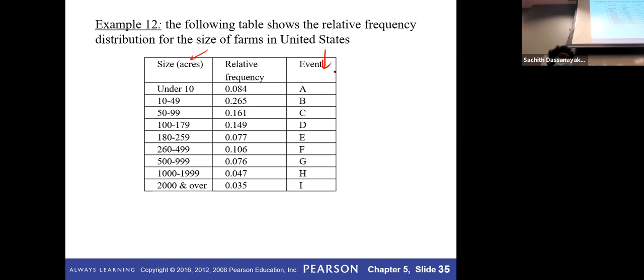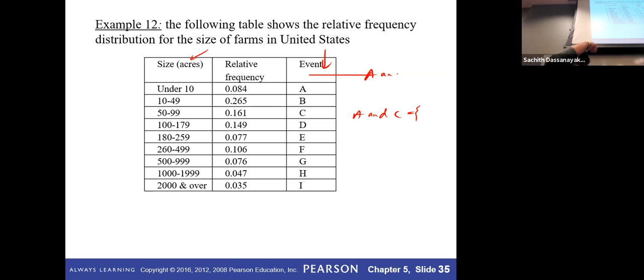Let's do this one only. What is the event? Just tell me those values. What is the event of A and B? Let's say A and C. What is the event A and C? We don't have that kind of event. Why?